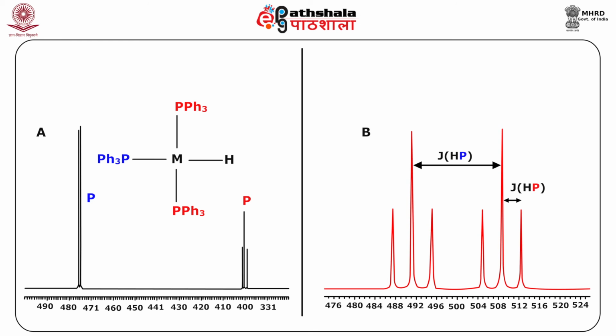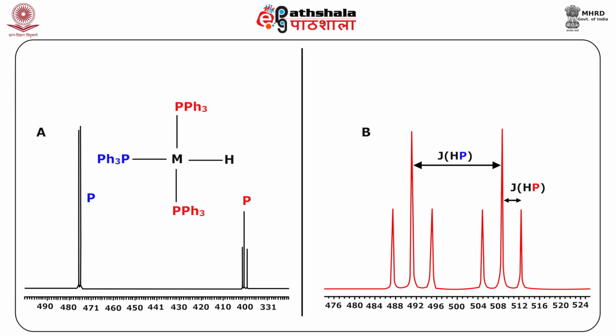The hydrogen in the hydride attached to the metal will couple to the red triphenyl phosphine to give you a doublet. This hydride will also couple to the 2 equivalent blue triphenyl phosphines to give you a 1:2:1 triplet.